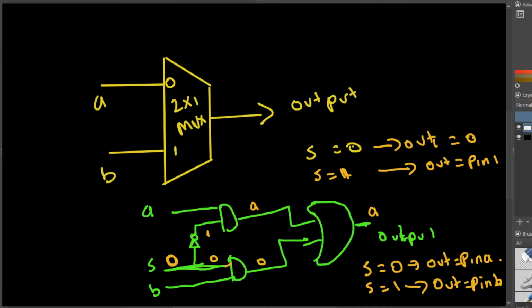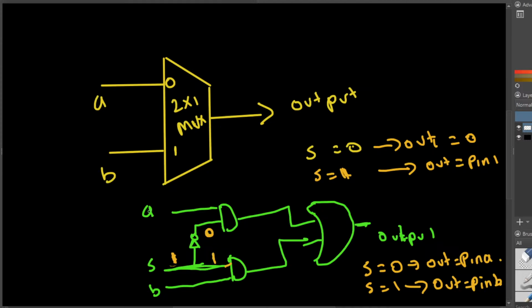Now let's look at the second condition. The second condition says whenever S is equal to 1, the output is going to be equal to whatever the value we have in pin B. So for example, I put 1 here, right? S is equal to 1 here. The value that's going to come here is going to be 1, and here is 0.